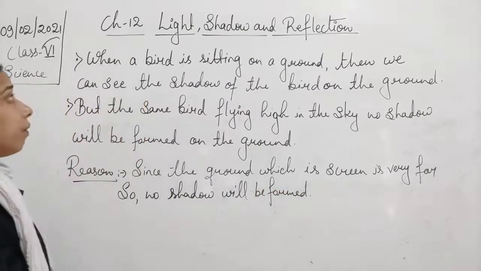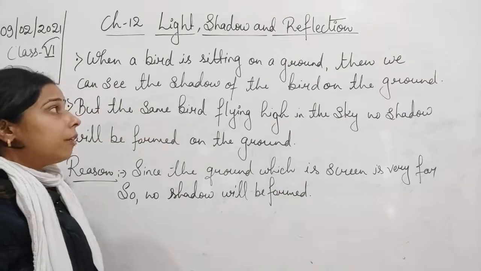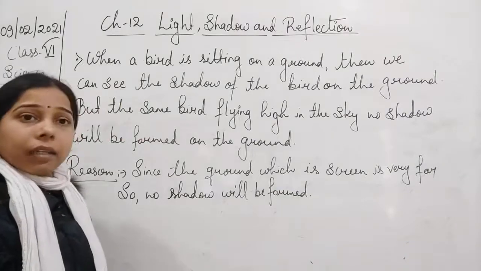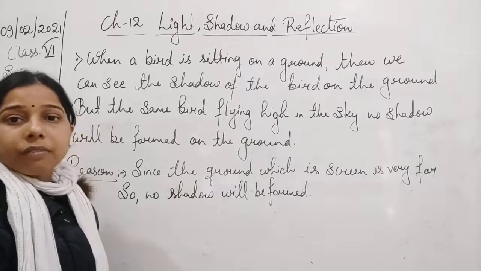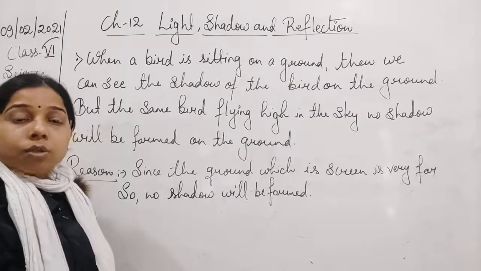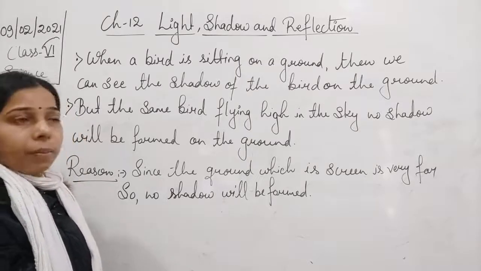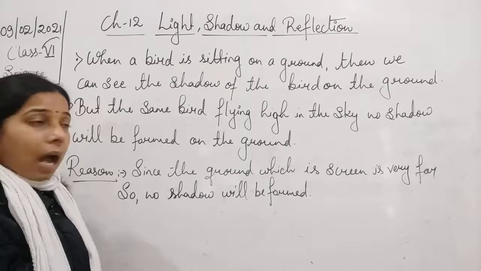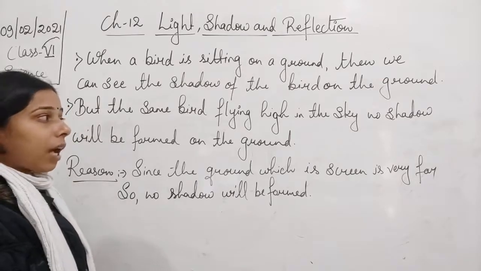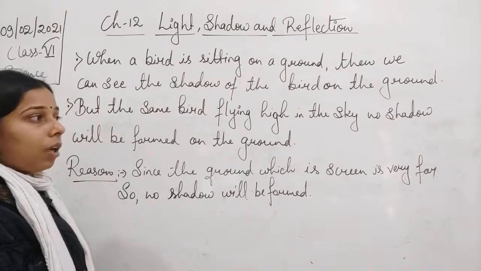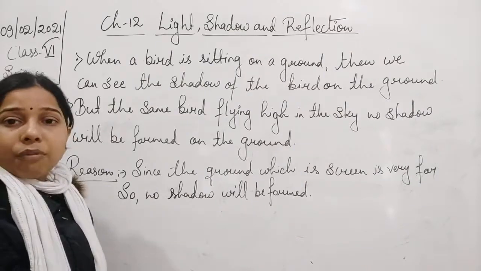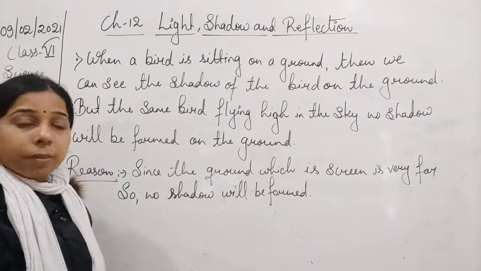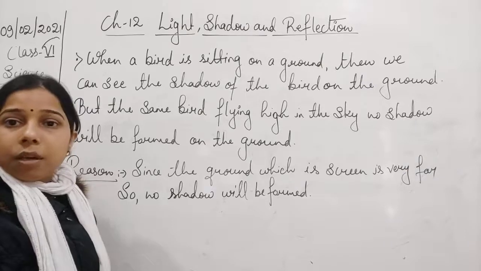Okay, so we can say that when the bird was sitting on the ground, it was very close to the ground, very close to the screen, so the shadow of the bird was formed. But as the bird started flying and went very high in the sky, because the screen is now very far, we will not be able to see the shadow of the bird.